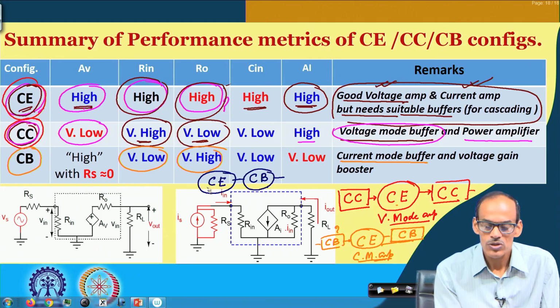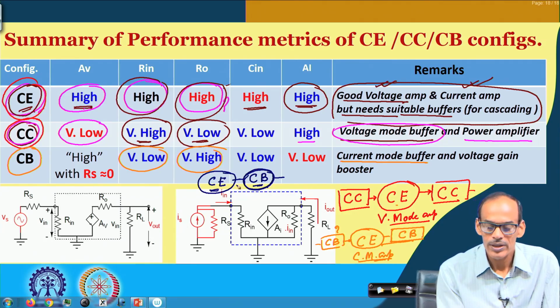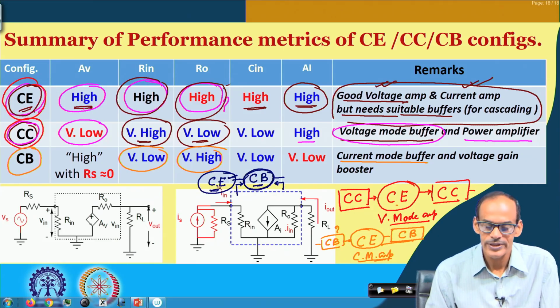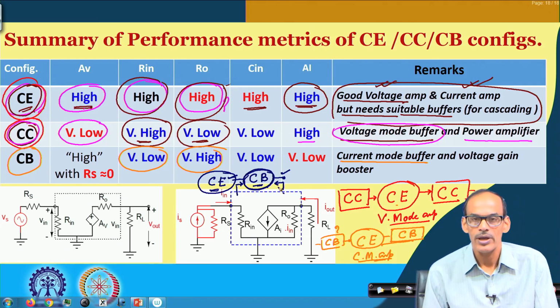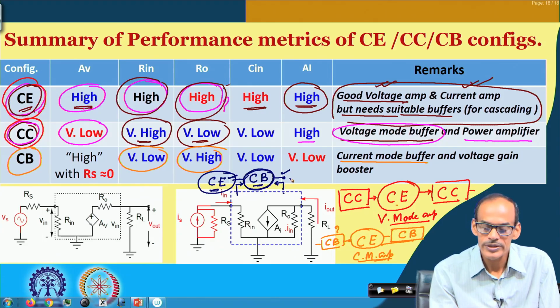Though the CB stage may not be having much current gain, its input and output impedances are quite different, and whatever current you are generating at the output of the CE stage arrives at its output port, and since the output port impedance of this configuration is very high, at this output port you can get very high voltage.